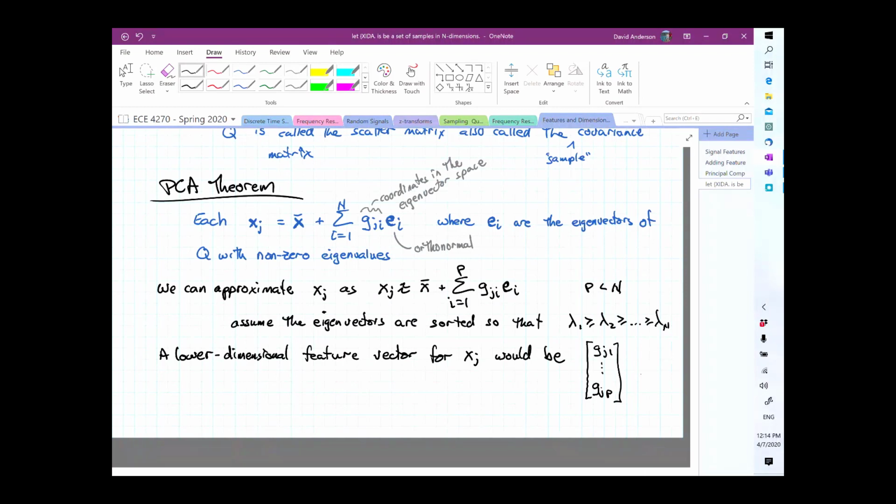So applying PCA to a large dimensional feature vector is a way of getting something that works better in classification, requiring fewer training samples, and that gets at the heart of the variance and the variation in the data.